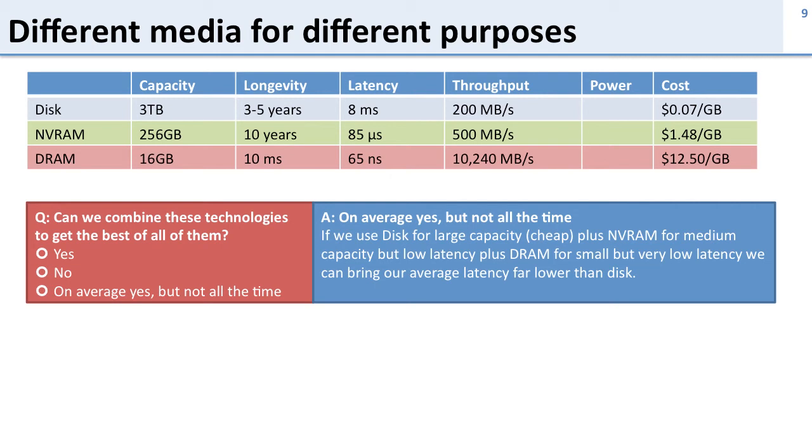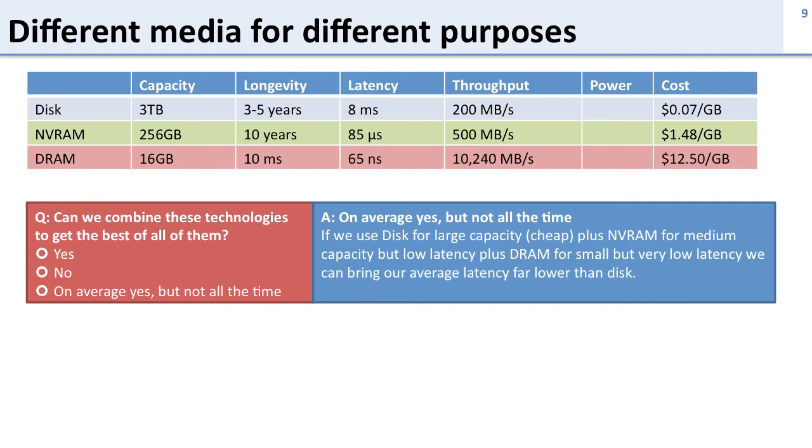We can use hard disks for their large capacity, because they're cheap. We can use flash or non-volatile memory for a medium capacity and very low latency. And then we can use DRAM to keep very few little bits of information, because it's so much more expensive, but at a far lower latency. If we combine all of these together, we can get something that on average has the best properties of all of these. That is, it has on average a lot of capacity and low latency.